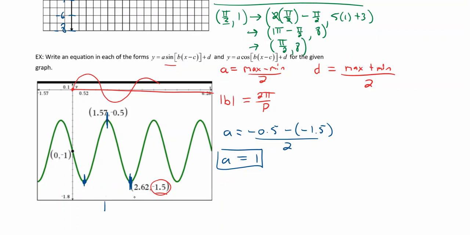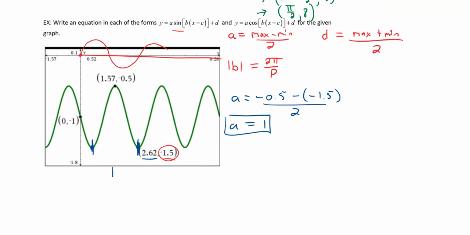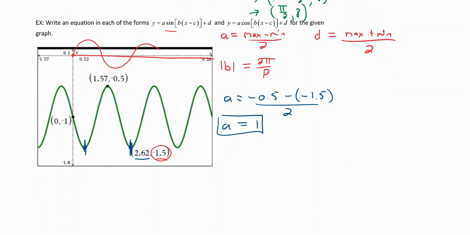So why don't we just subtract 2.62 from 1.57, right? We'll subtract those two and then multiply that by 2 to get the whole period. All right, you know what? Let's write it over here.